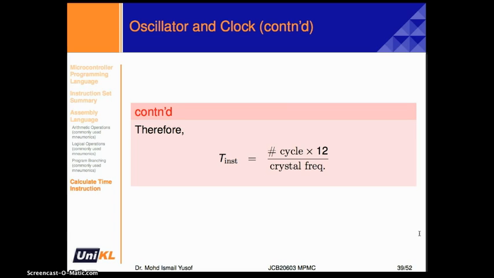T instruction, the time to execute a specific instruction, is equivalent to the number of cycles times 12 pulses, divided by the value of the crystal frequency.